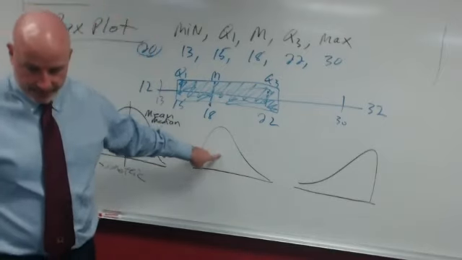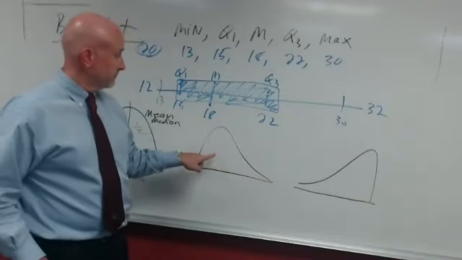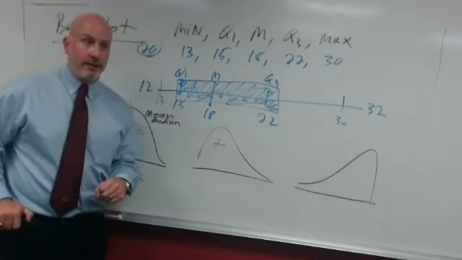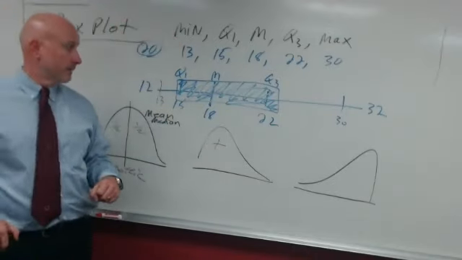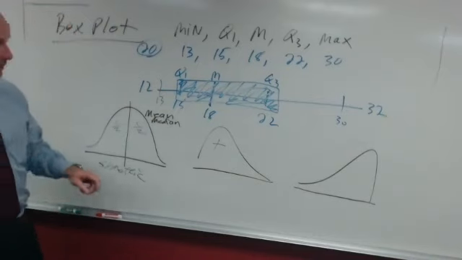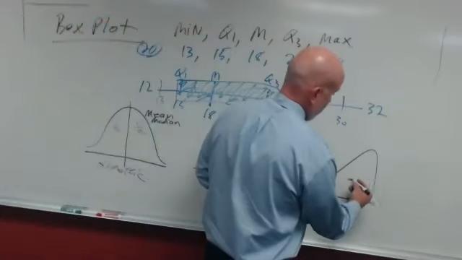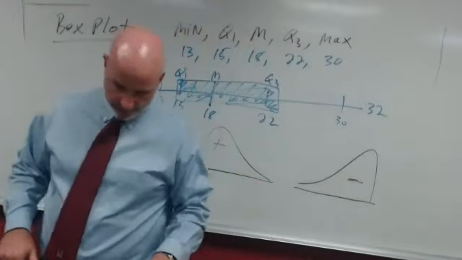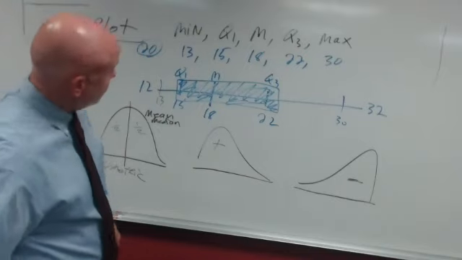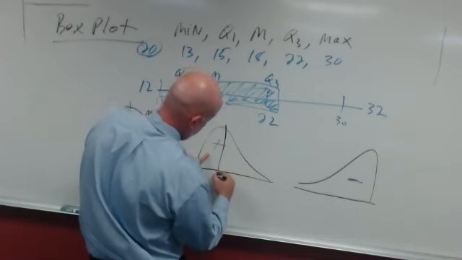What kind of shape is this? Up the hill, then down the hill. This is positive skewness. And then what do we have here? Negative skewness. So in this case, the median would be somewhere around here.